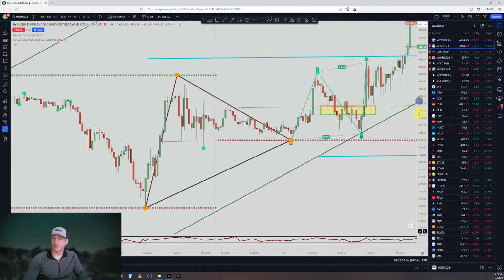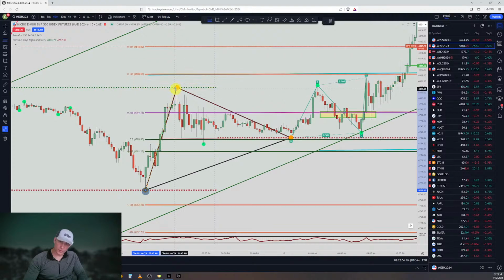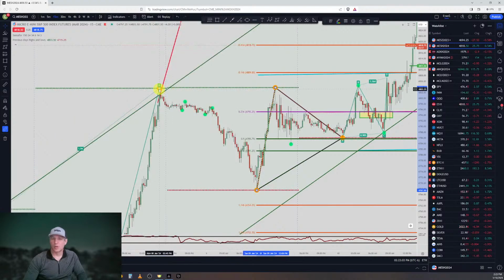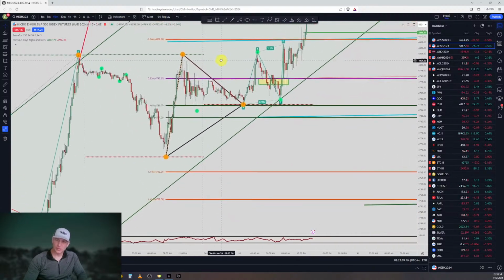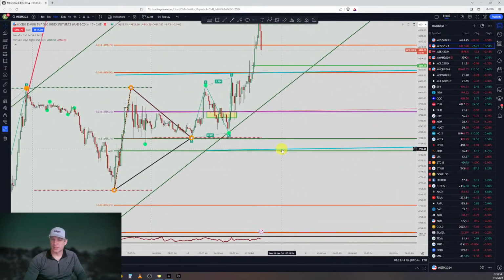But for the inside pitchfork, the only way I'd get into it is I would take from the low of the move, from the high of it right there. See, there's the 1, 2, 3, 4. So there's the move right there. The only way to get into it is if price just craters all the way down here, and I wouldn't even get in at the blue line at the bottom.